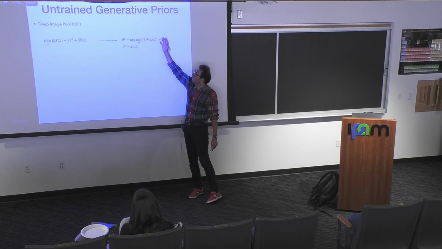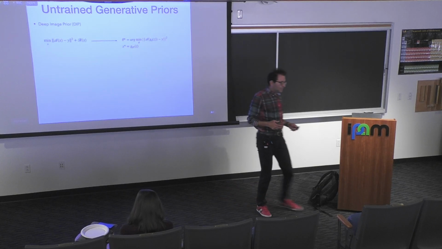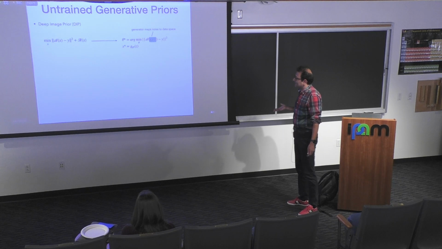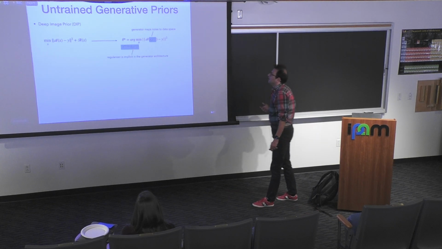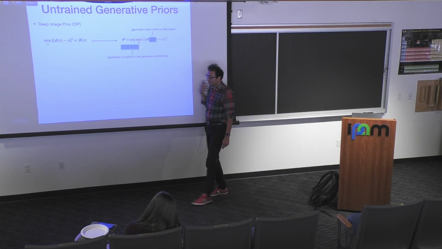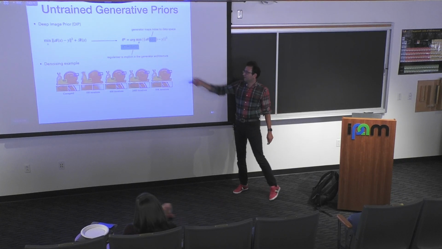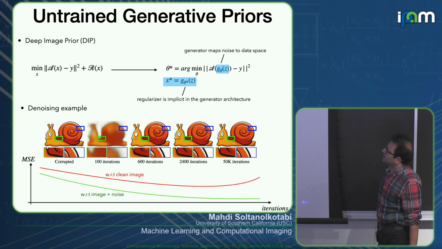Sometimes you don't even need to stop early, especially if there are some random measurements. It still works. It's not something we fully understand, but it can be helpful if you have absolutely no training data. Again, the idea is that the regularizer is somehow implicit in the architecture of these networks. This is an example, as I mentioned, for denoising and super resolution and so on.